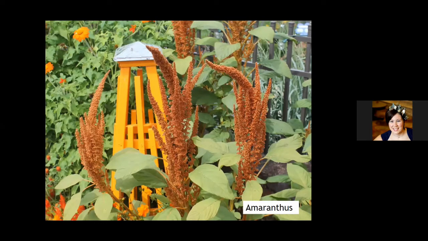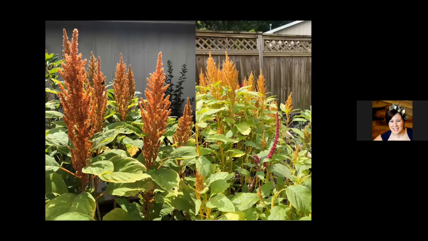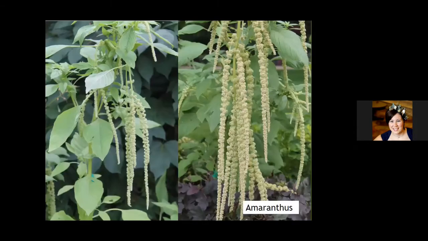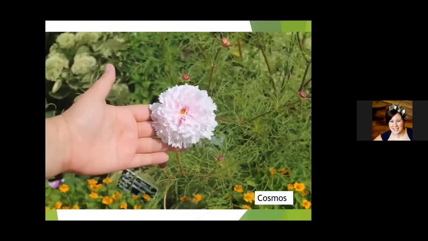So it's definitely a showstopper in the garden, with beautiful colors to choose from. And again, this would also dry very well. And you can also grow Love-Lies-Bleeding, or the hanging amaranthus as well, which is going to need some staking. So instead of growing upright, it's going to have these flower heads that hang down for a cool look. So amaranthus is great.